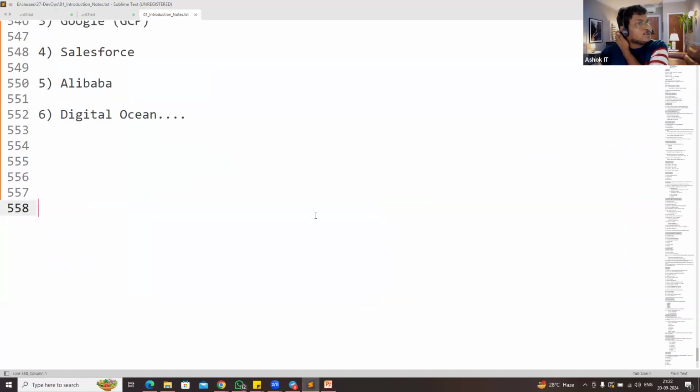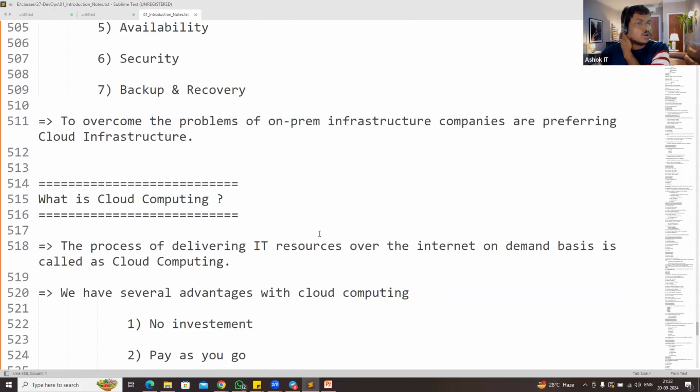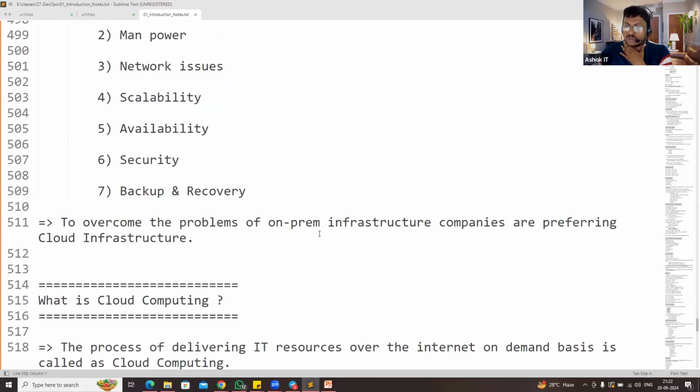What is cloud computing and why are we going for cloud computing? As part of our course, we are going to learn AWS cloud. With that AWS cloud, we will understand infrastructure setup. Whatever infrastructure is required for our project, we are going to set up in the AWS cloud. Once you learn AWS, you can learn Azure cloud also, but Azure is not part of our course.